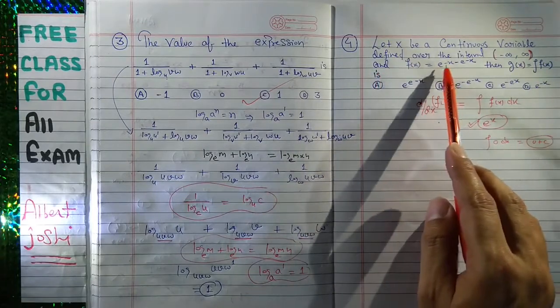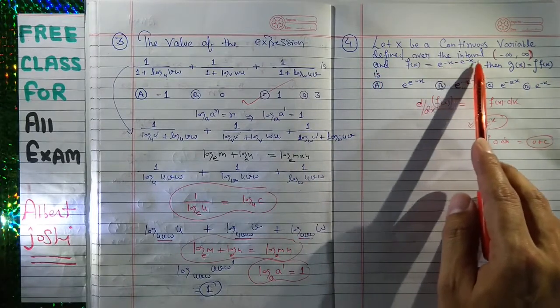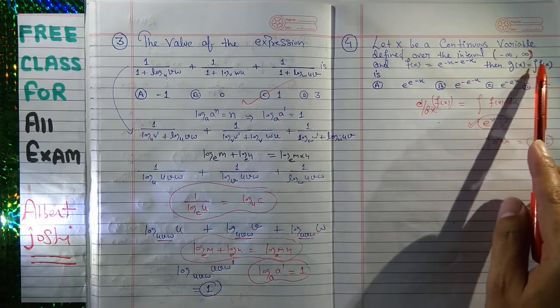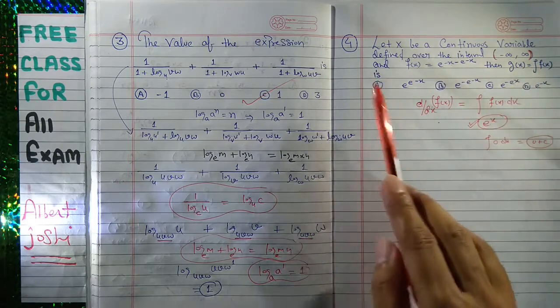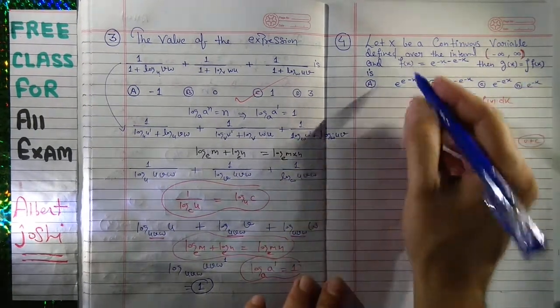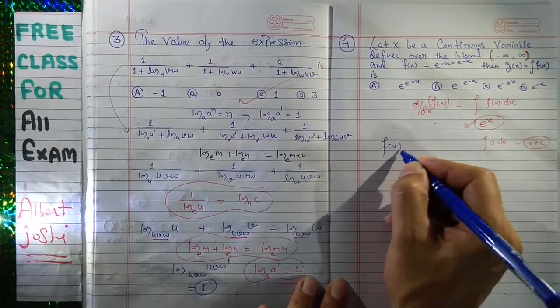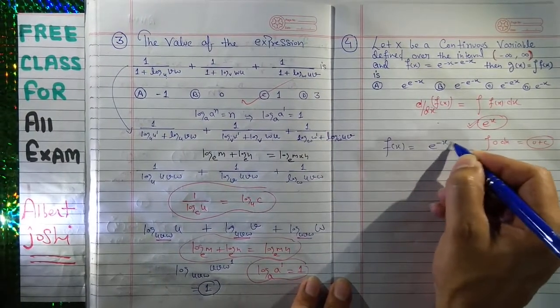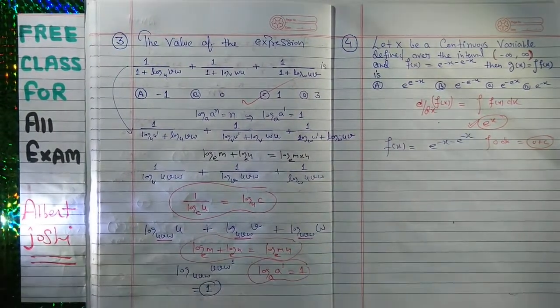And f(x) is equal to e to the power x minus e to the power minus x. Then g(x) is the integration of f(x). What is the answer? Very simple. So your function is e to the power x minus e to the power minus x.